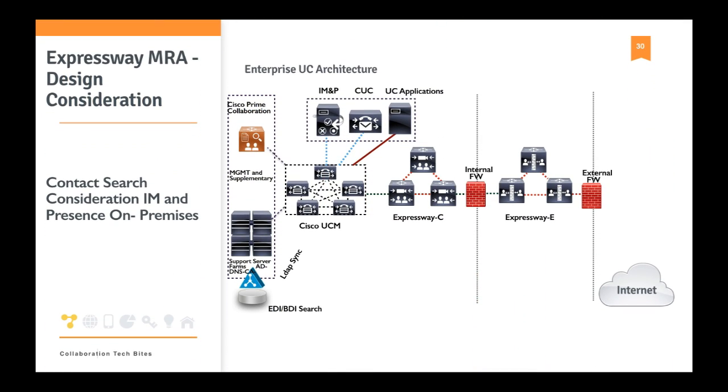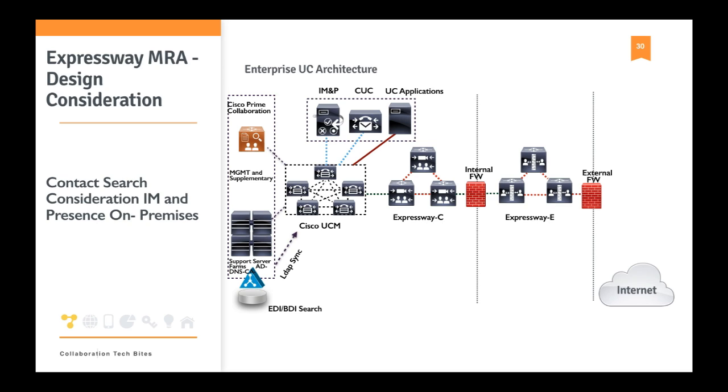Okay, another design consideration, contact search. If you are on premises, so you have integration of the Active Directory with the Unified Communication Manager, again, it's really crucially recommended. If you are deploying Cisco Jabber in any way, whether you are deploying it only locally to the enterprise without Expressway, or you're using Expressway registration, you need to synchronize your Cisco Unified Communication Manager with a directory service, with LDAP.